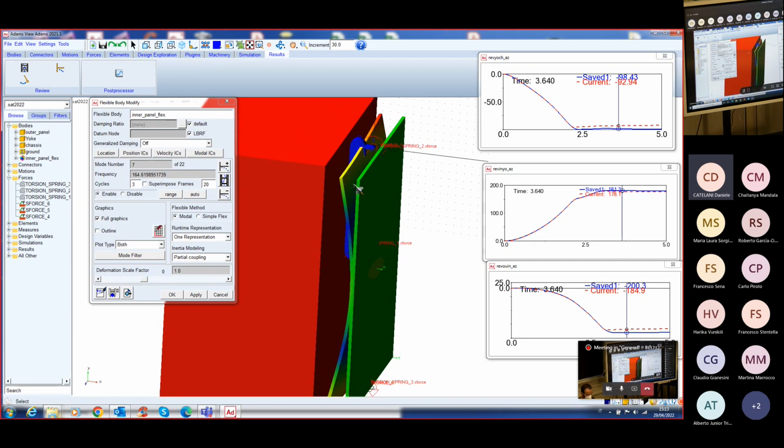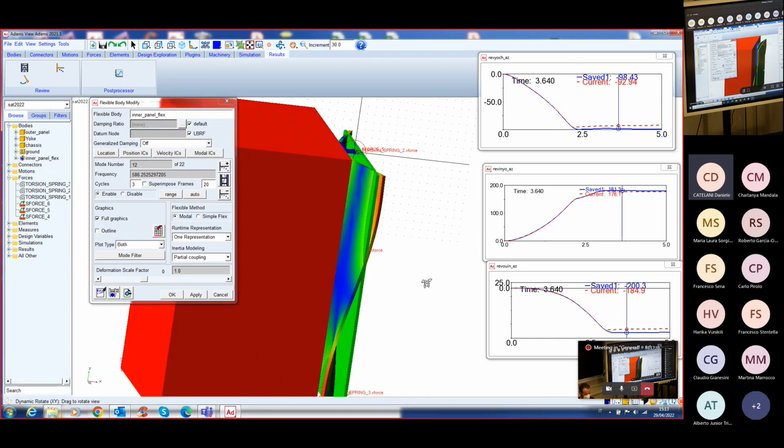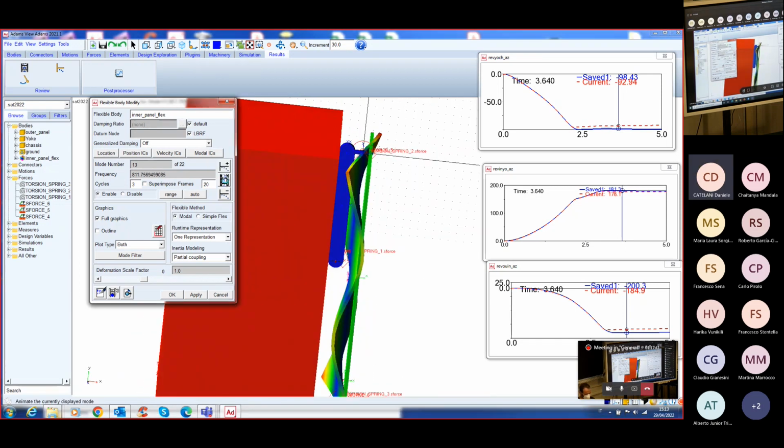So you can see the mode shape representation. You can animate the mode shape representation. First bending mode, first torsion mode, second bending mode, second torsion mode, etc. So you can visualize and emphasize the mode shapes, and all of them contribute to the total deformation of the system.